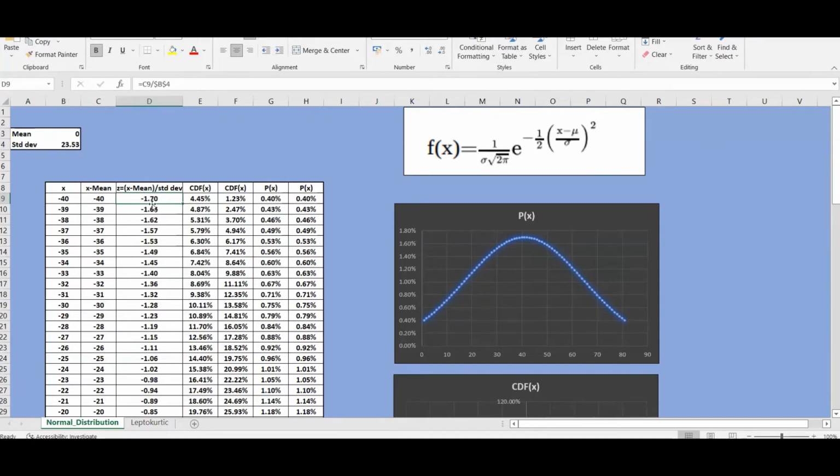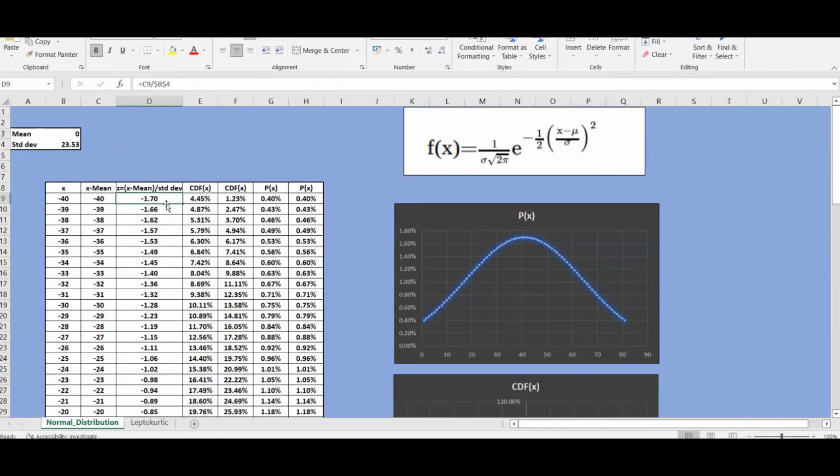Z value tells you how many standard deviations this data point is away from the mean. If you multiply this by the standard deviation, you get this value. So basically Z gives you the number of standard deviations you are far from your expected value, your average.